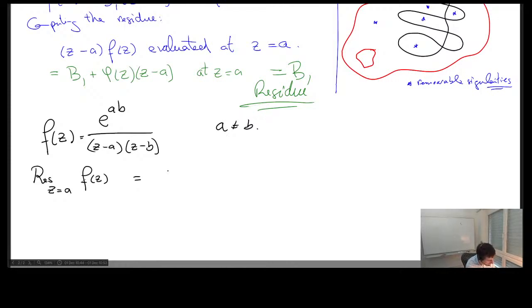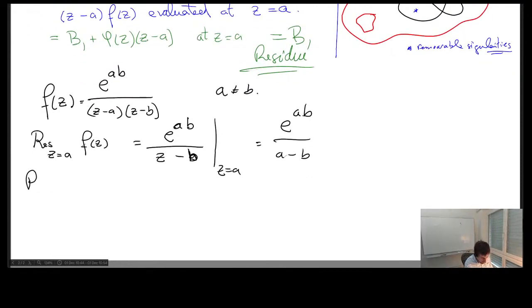So this function multiplied by z minus a is just e to the ab over z minus b, evaluated at z equals a, which is e to the ab over a minus b. And the residue at the other pole, at b, will be exactly the same thing, but now it's e to the ab over b minus a.